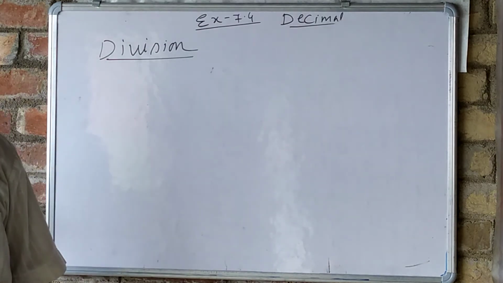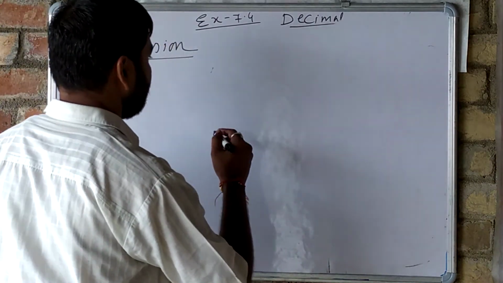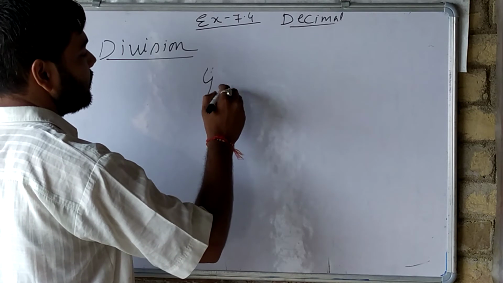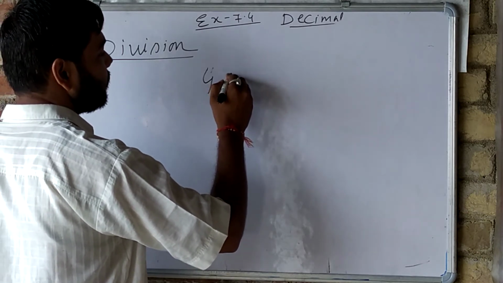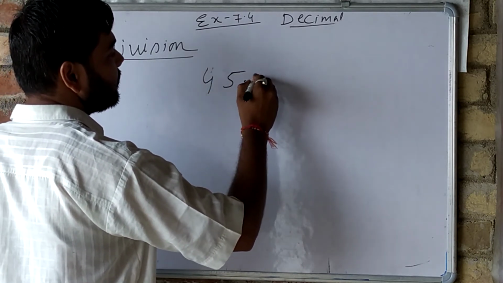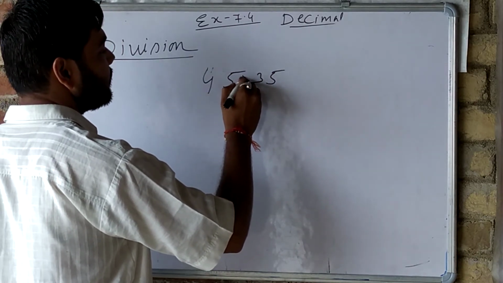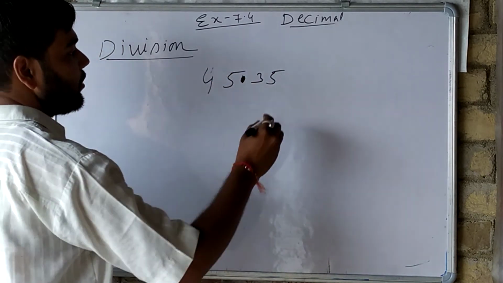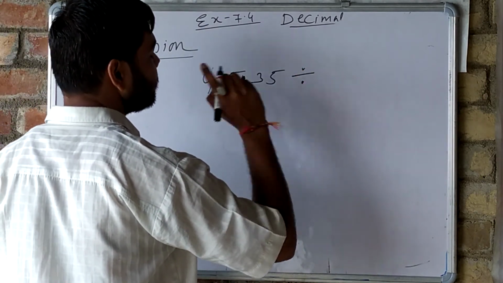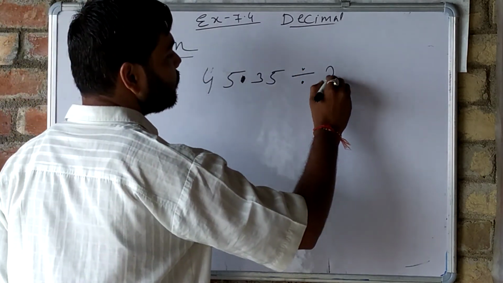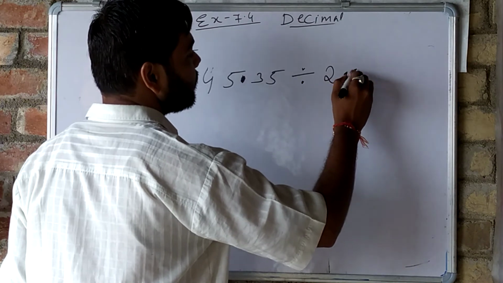Now see some more. Here we have 45.35 divided by 2.5.